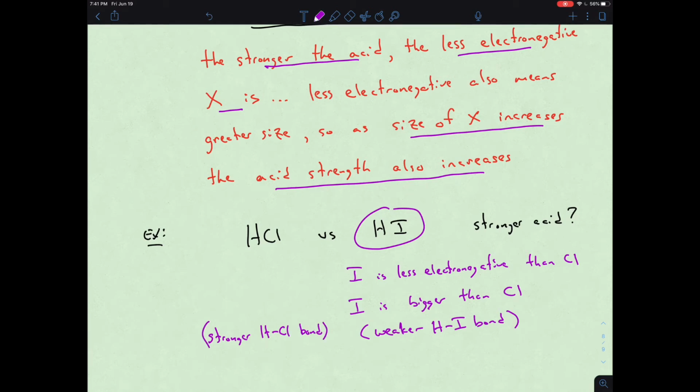And so that's why it's actually not the stronger acid. The stronger acid is the one that dissociates and puts the proton into water, is the proton donor. So the stronger that bond is, well, then the weaker the acid becomes. I mean, both of these are obviously strong acids. It's just saying that hydroiodic acid is actually stronger.